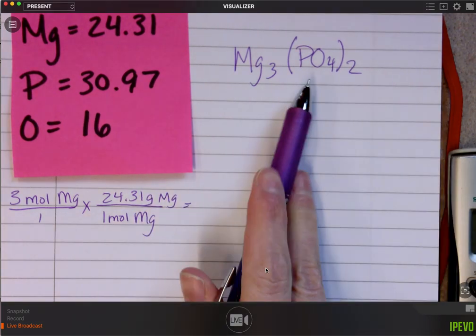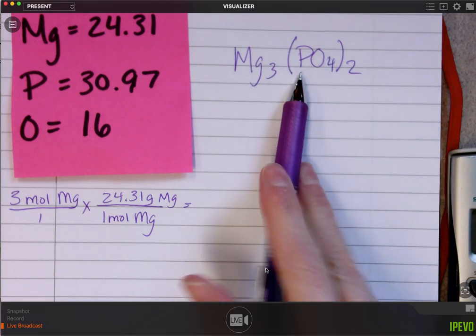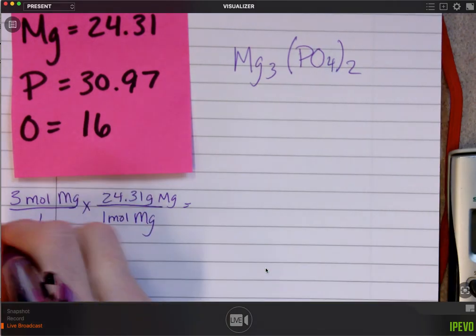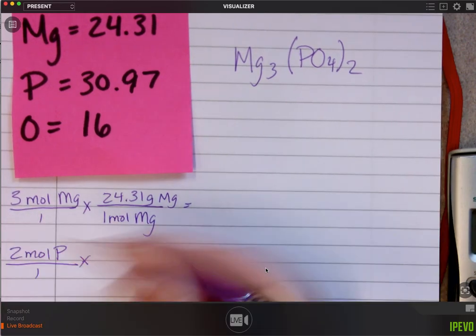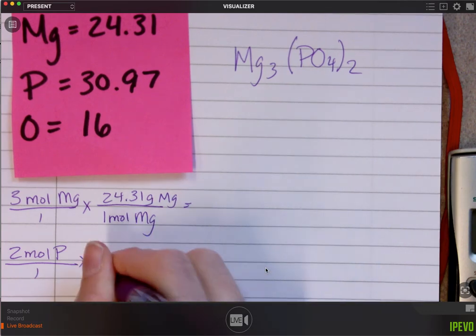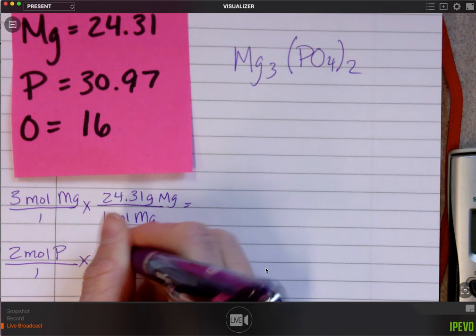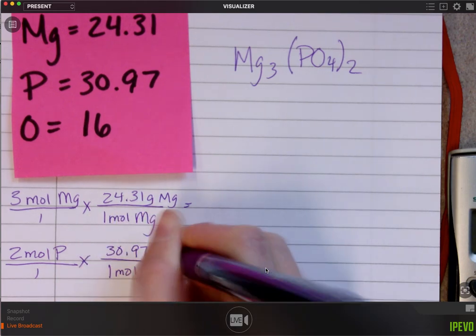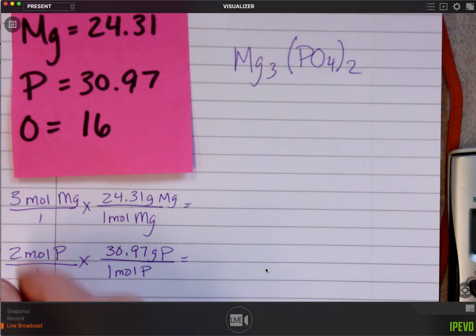Next up, I have phosphorus. That's this P. So I have 2 phosphoruses. And 1 mole of phosphorus weighs 30.97 grams. And then finally, I have oxygen.